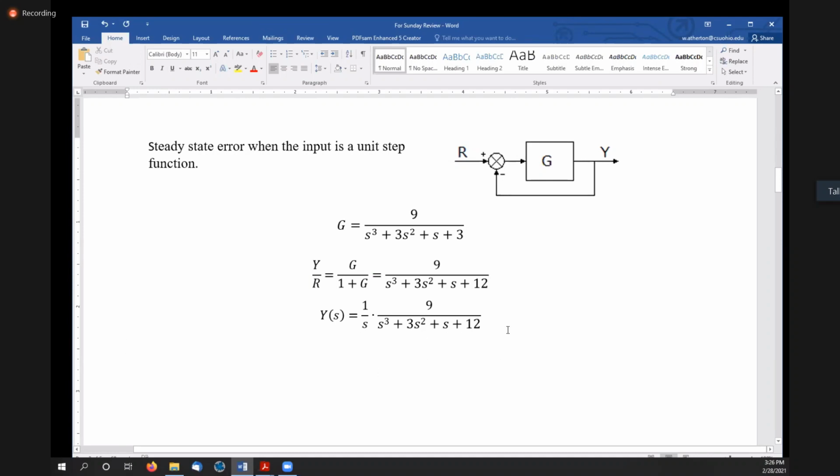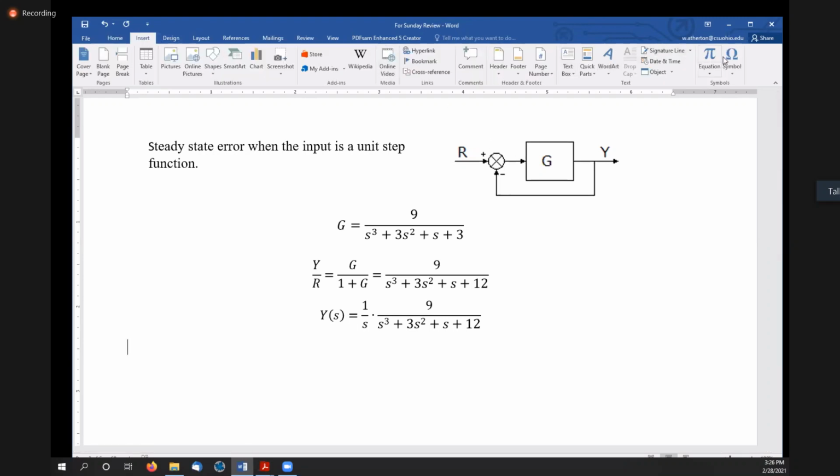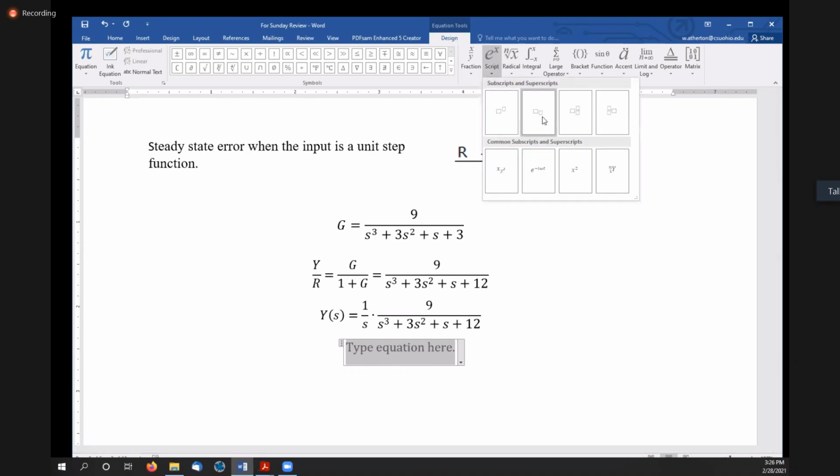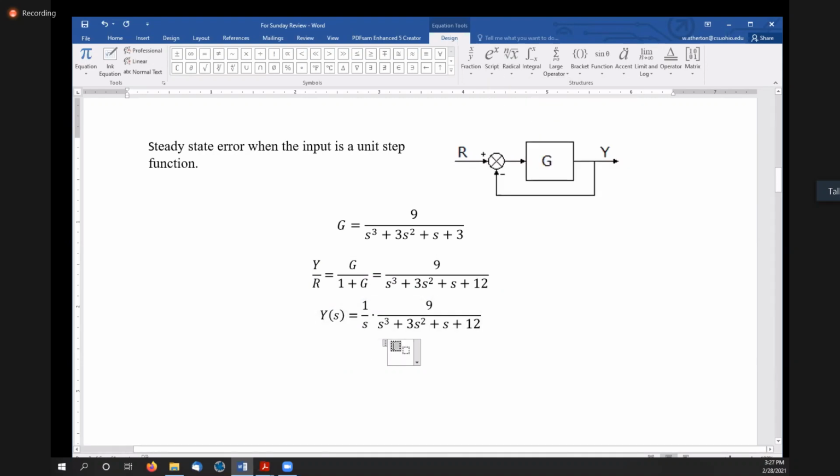So now, the final value, let me see, how should I represent this? I'll call it y steady state.